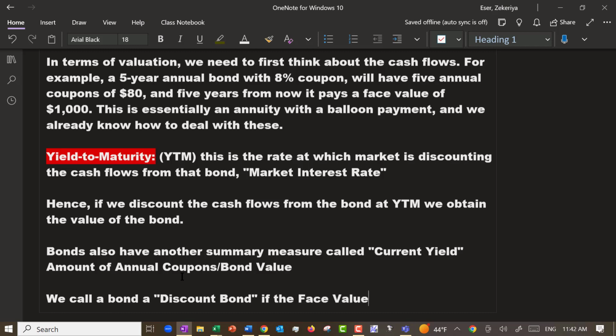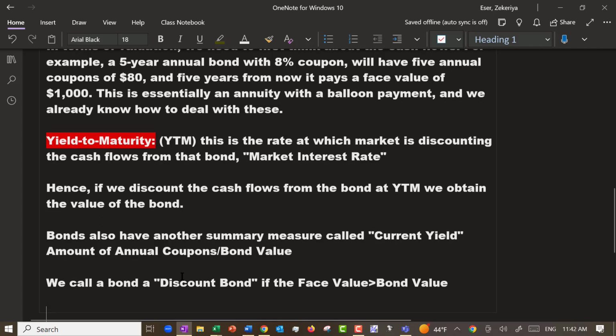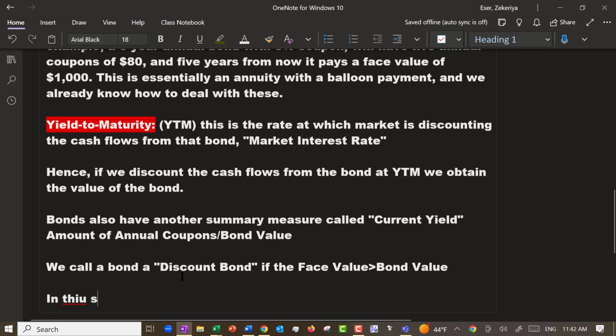In this case, coupon rate or yield to maturity is greater than current yield. And that's also greater than coupon rate.